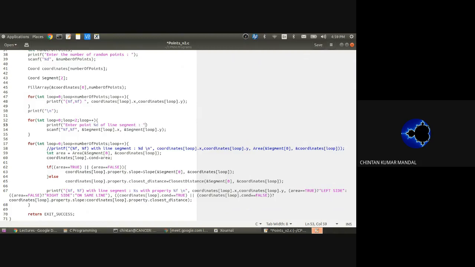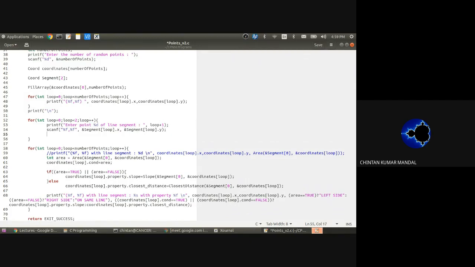So this will be loop plus 1. Then printf slash n. So this will look a little bit more beautiful.